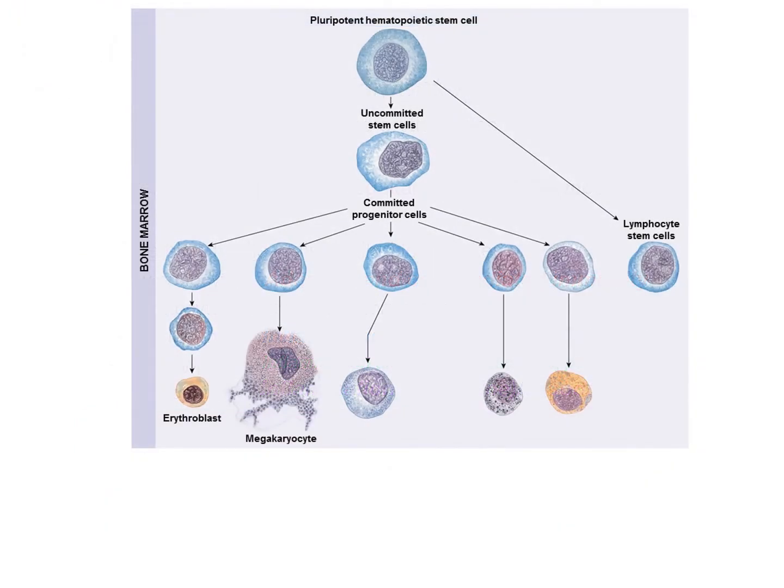Now, I'm not going to get into hematopoiesis per se, with one big exception. I want you to understand that we start with what we call a pluripotent hematopoietic stem cell, which can differentiate into every type of blood cell. It can form all of the blood cells, and that's why it's pluripotent. As it differentiates, it's committed to a fate. And how do we determine that fate?